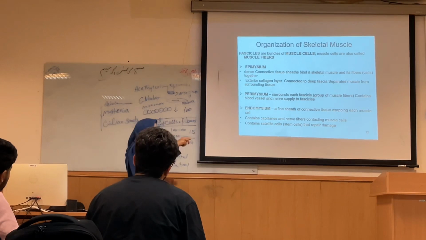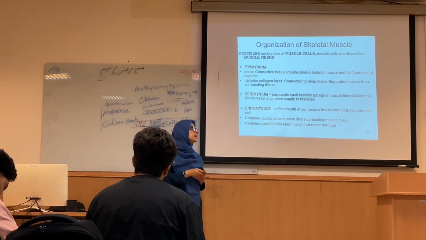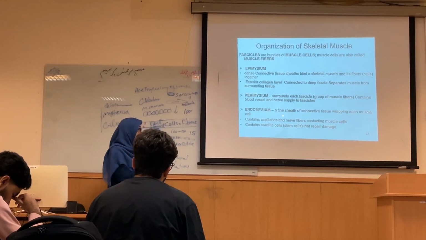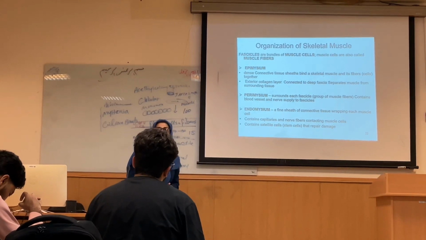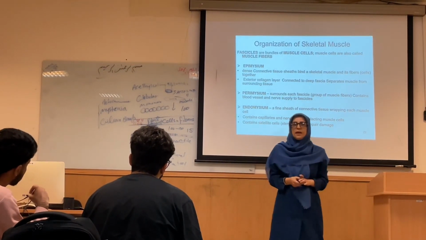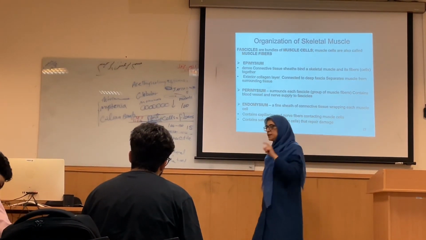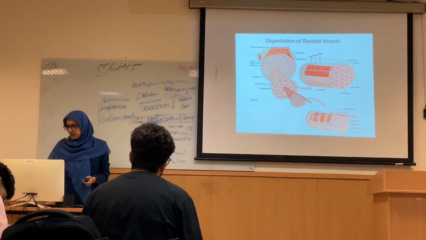Gradually, when they enter the muscle, the amount of collagen fibers decreases and forms loose connective tissue that contains the capillaries, nerves, and also the satellite cells that I explained previously. Endomysium surrounds just one cell, one muscle fiber.